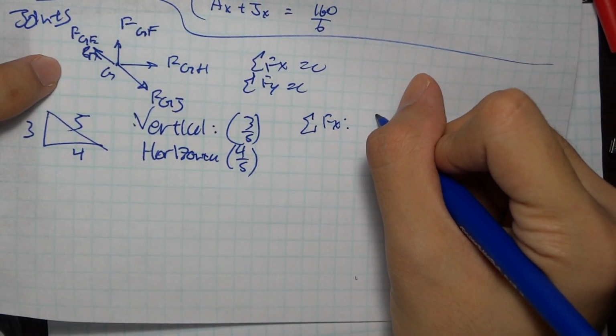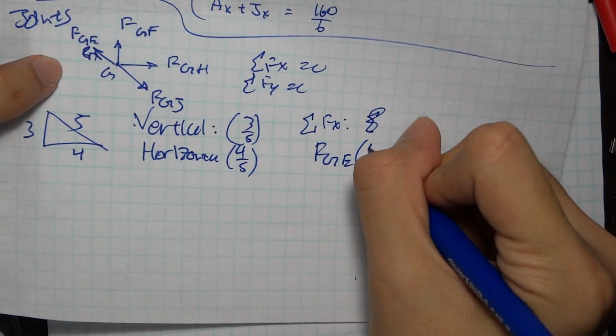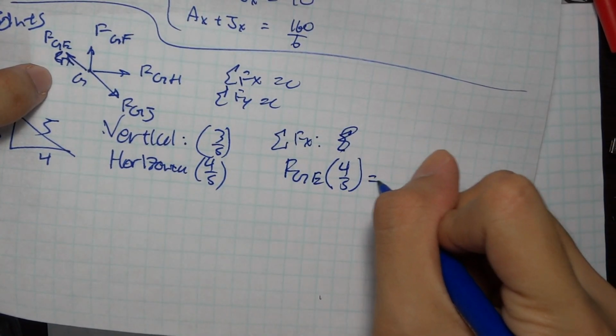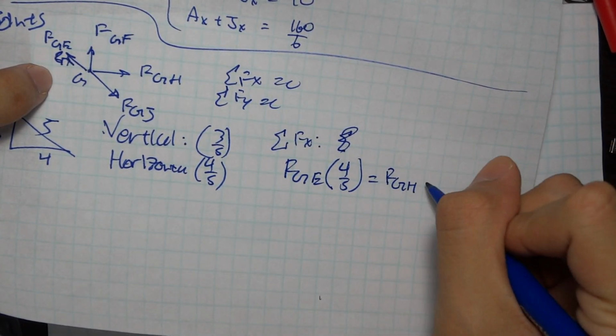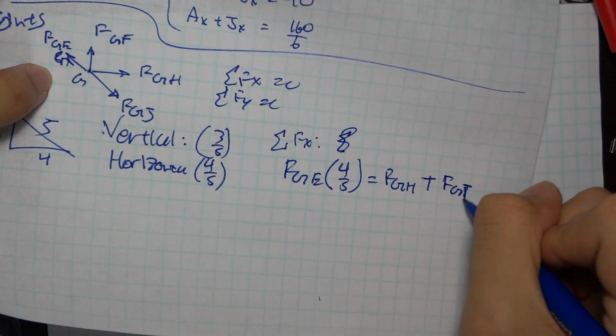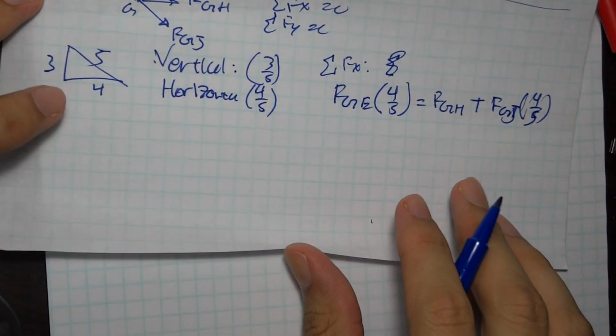So we'll say FGE times 4/5 equals FGH, which is horizontal, so we don't need to modify it, plus FGJ times 4/5. And that is our sum of Fx equation.